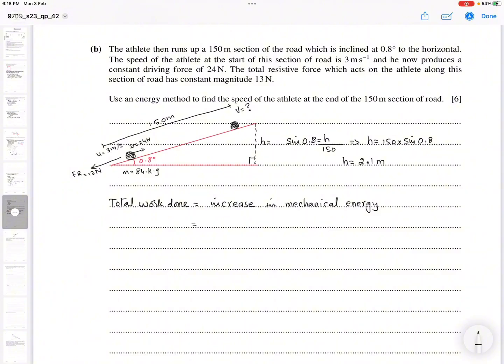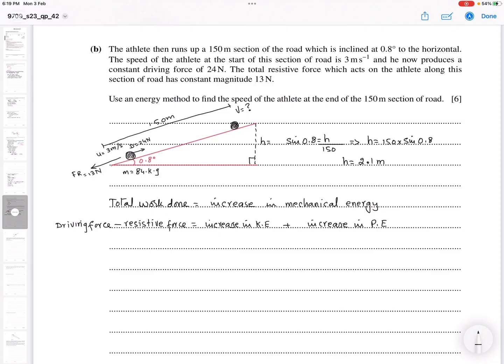Actually, total work done is based on driving force minus resistive force. And that is equal to increase in mechanical energy, which is increase in kinetic energy plus increase in potential energy.